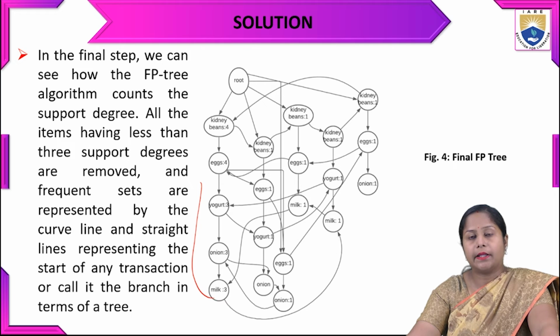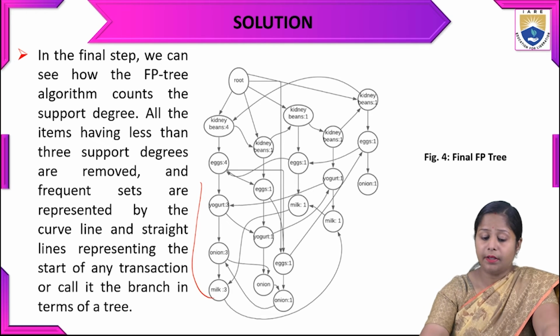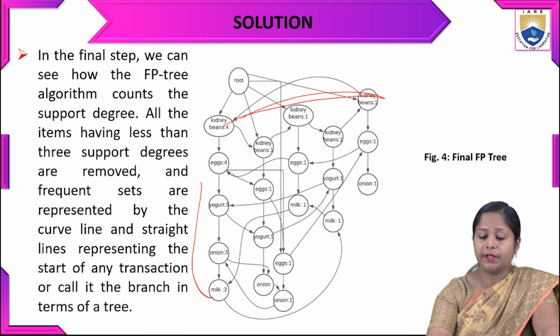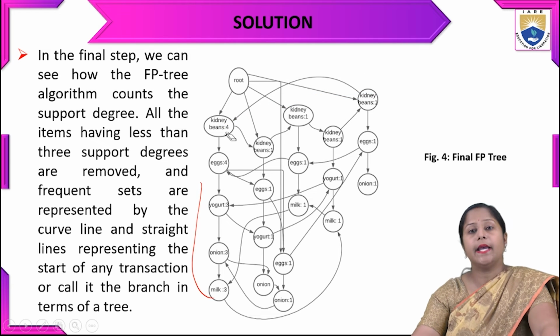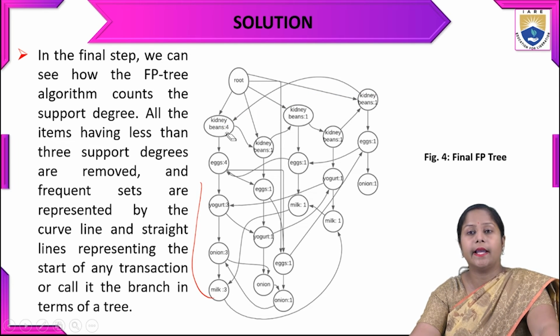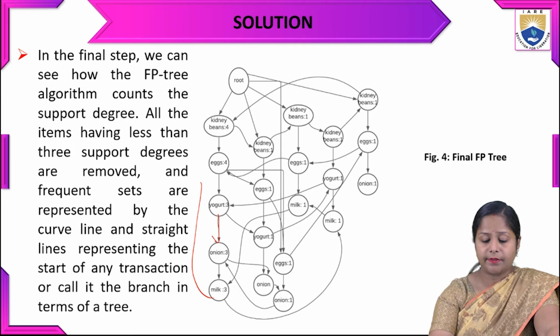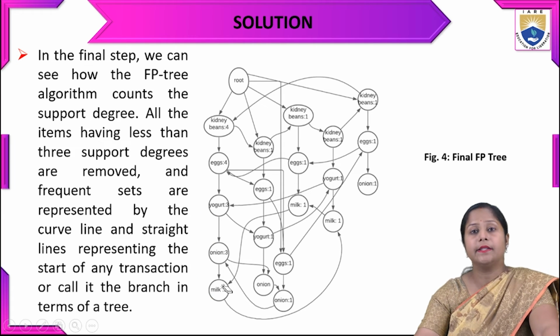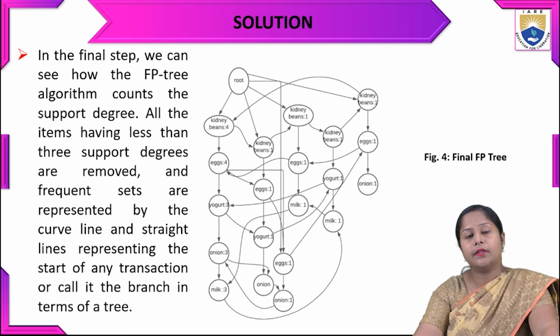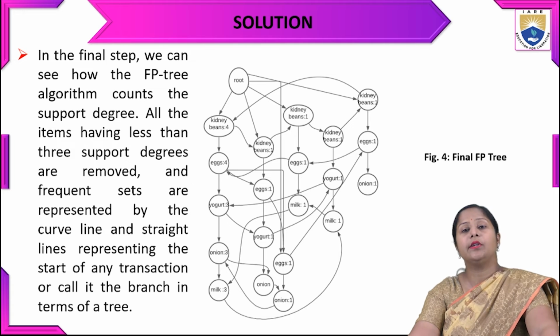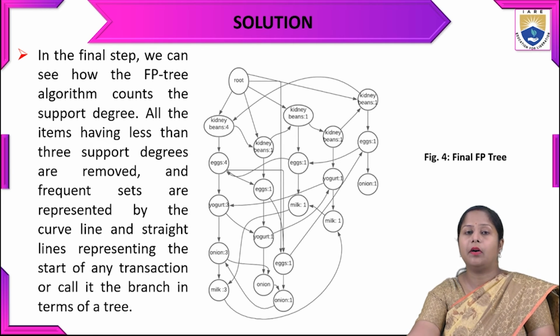So by the curvy line we show that the items are associated with each other, and a straight line with an arrow pointing is going to tell about the start of any transaction, and it is going to make a branch in terms of a tree.